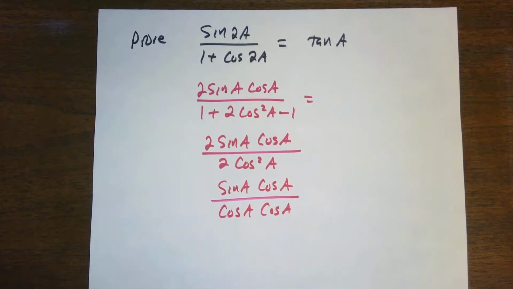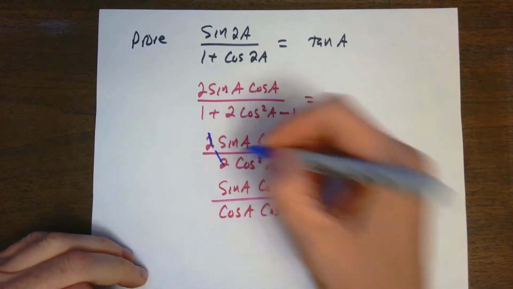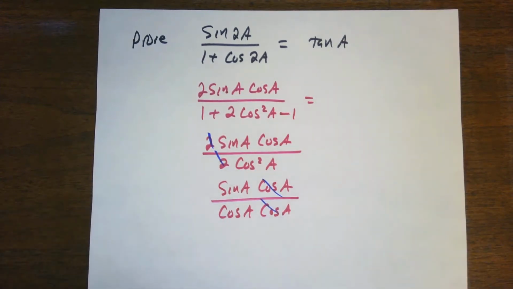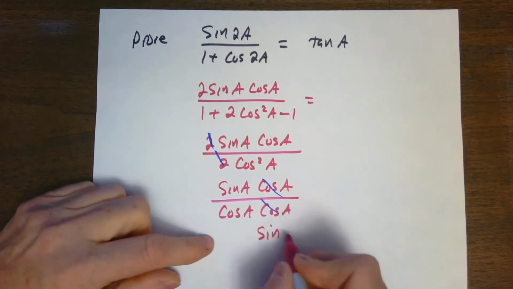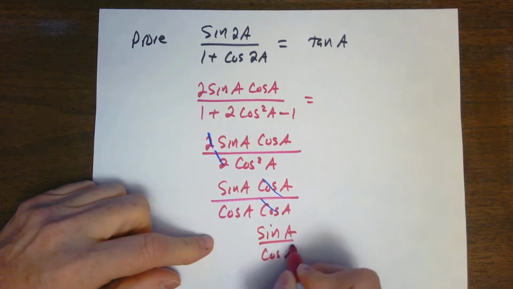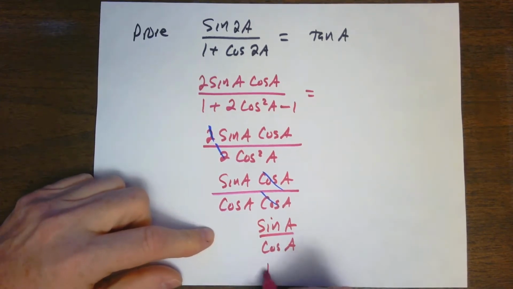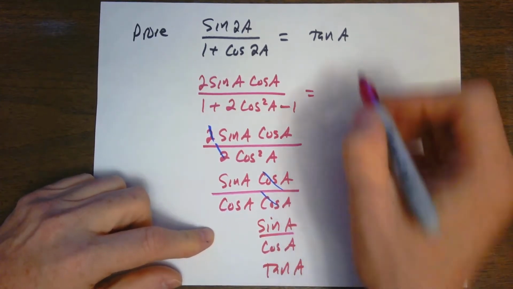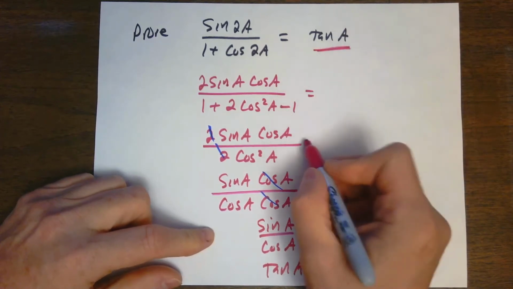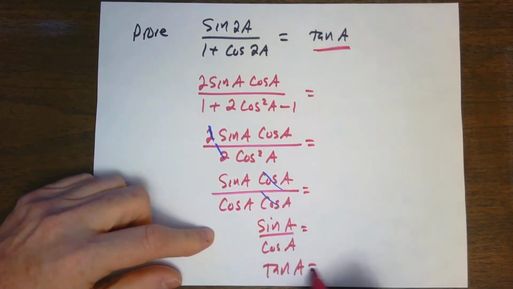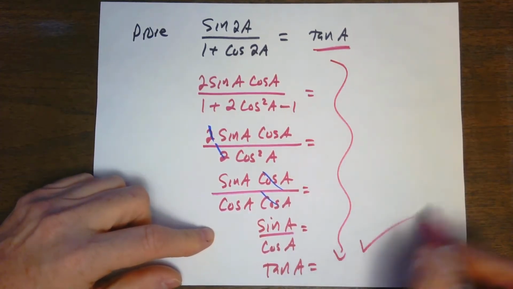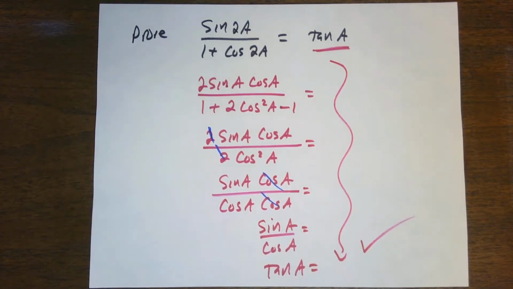So I canceled 2 over 2 here. I'm going to cancel cosine over cosine there, and I get sine over cosine, which of course is indeed tangent. So here it is. Identity verified.